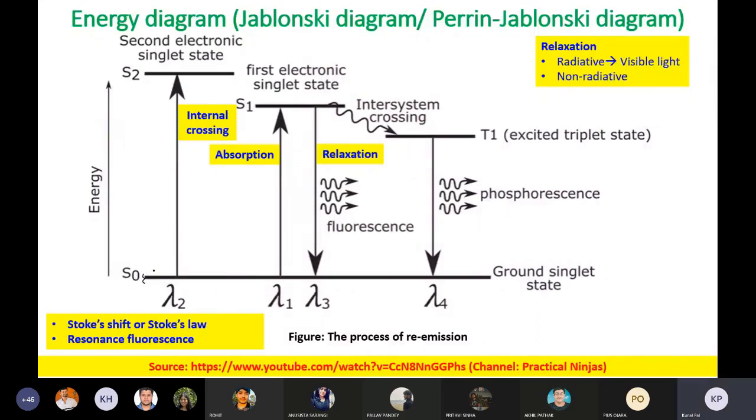Now, I have discussed that in the singlet state, we have electrons which are spinning in an anti-parallel fashion. That's good. So now, when you are exciting this electron with the lambda excitation wavelength, one of these electrons moves to the second electronic singlet state.